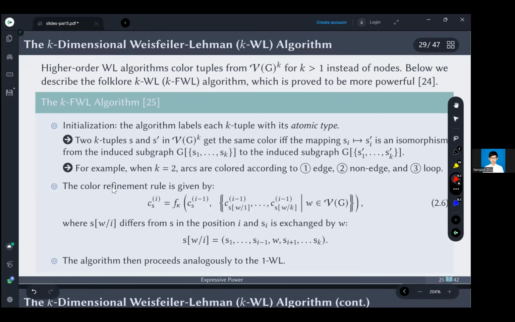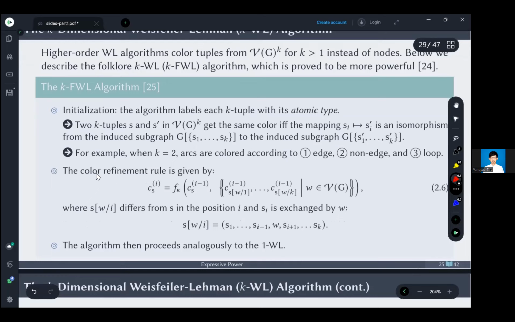We can focus on the refinement rule here. The color refinement rule will be replaced by a more complex form, but it's not that complex. The only difference is that we're not going to take every single neighborhood node, but every adjacent tuple.